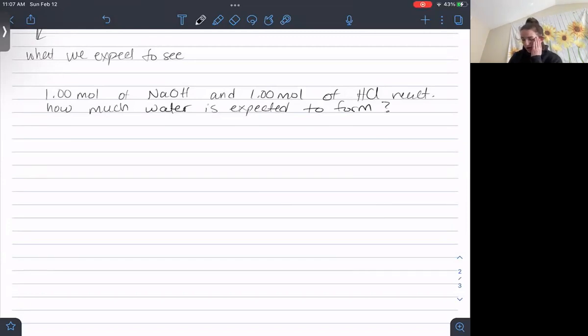It says 1 mole of sodium hydroxide and 1 mole of HCl react. How much water is expected to form? What type of question am I actually asking you here at the start of this?